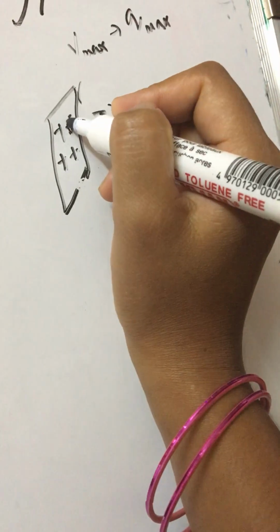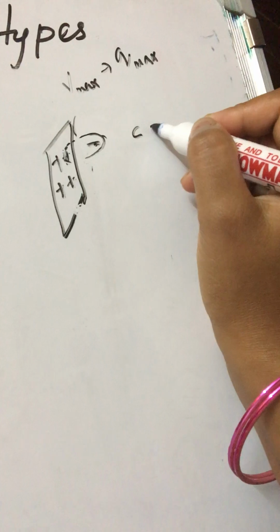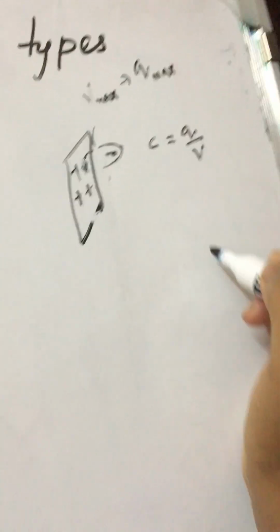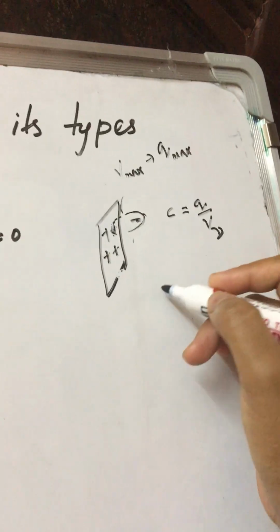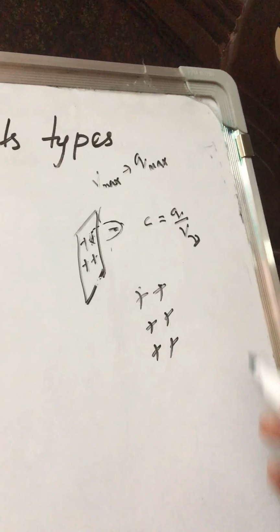If the overall charge of the system is reduced, then the potential of it will reduce, right? And capacitance is what? Charge per unit potential. When the potential is reduced, the capacitance will increase.